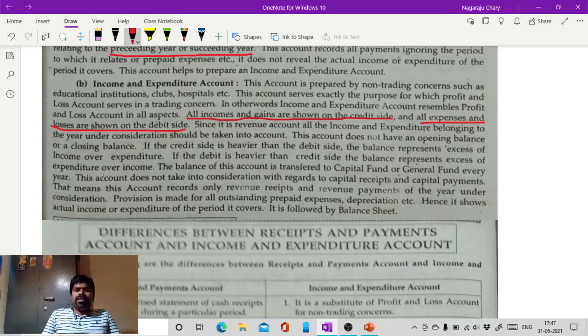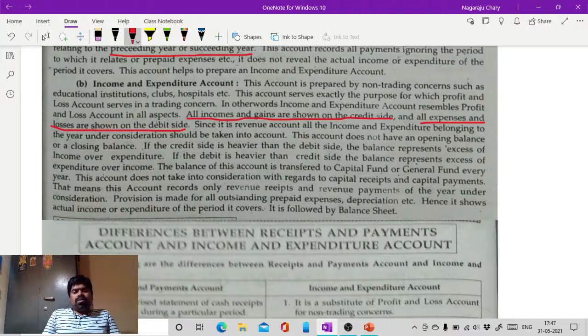When the debit balance is more and the credit balance is less, we get deficit. On the debit side we write expenses and losses, and on the credit side all incomes and gains. If incomes and gains are more, we get surplus. If expenses and losses are more, we get deficit.